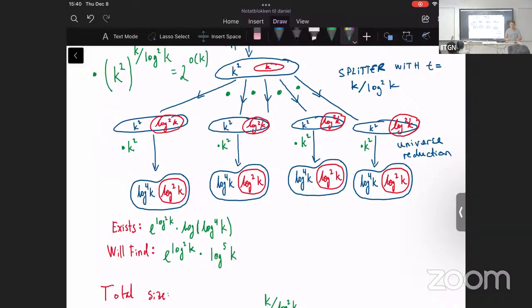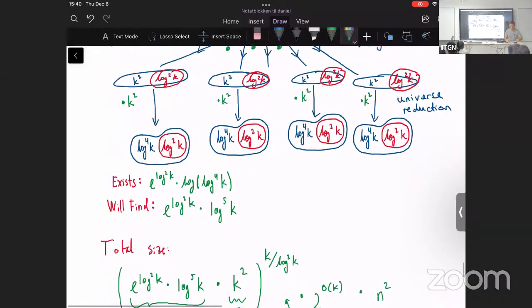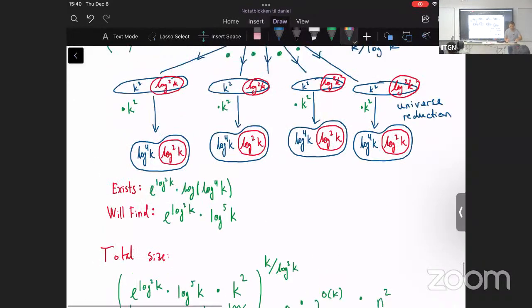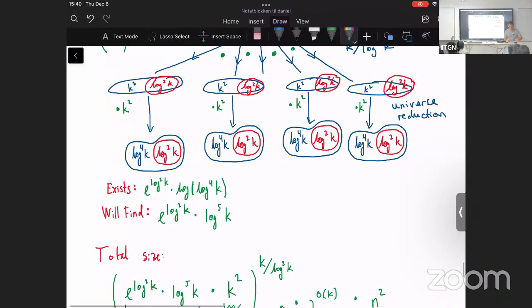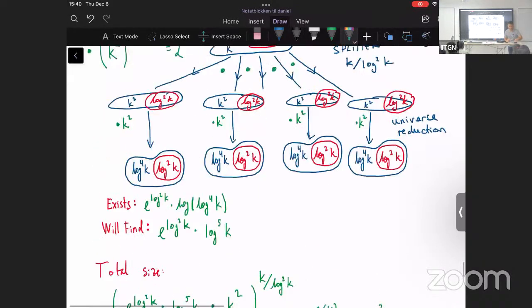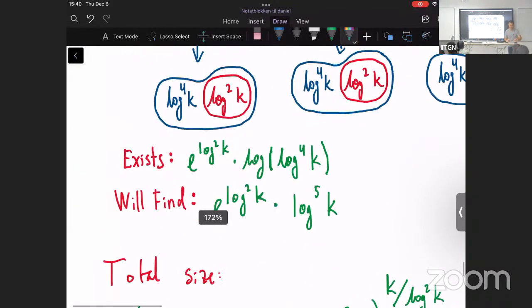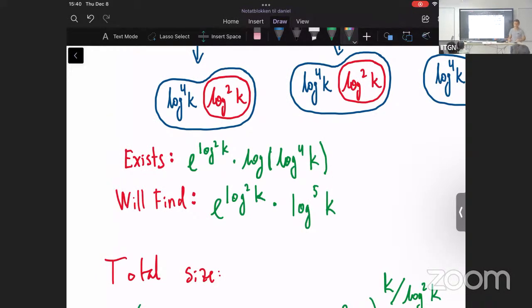So what is it I'm going to do? I already did this analysis. Suppose I am able to find a family that is only slightly larger than what I know exists. Instead of e to the log square k times log k, I will find something of size e to the log square k times log to the 5k.